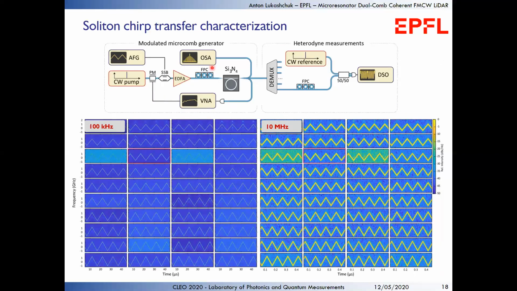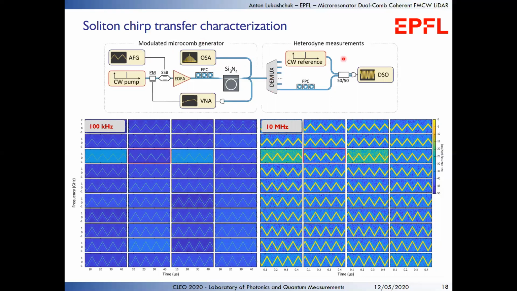To study this chirp transduction from the pump to different optical sidebands, we performed this simple experiment where we use a demultiplexer and select different optical sidebands, and then we beat them with the reference laser and analyze how well they are chirped.